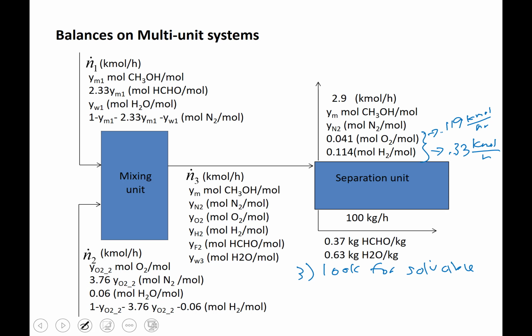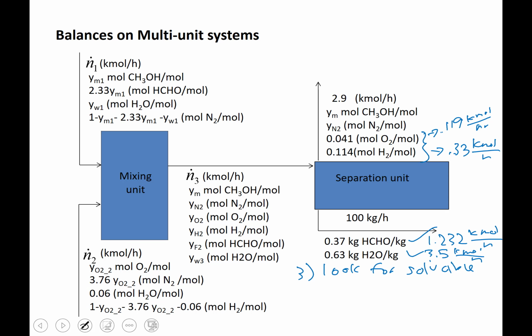We can look at our inlet streams, and we see that we know what the flows are here once we calculate them. This one is actually 1.232. You'd be able to calculate that just using the molecular weight. And the water here is going to be 3.5.